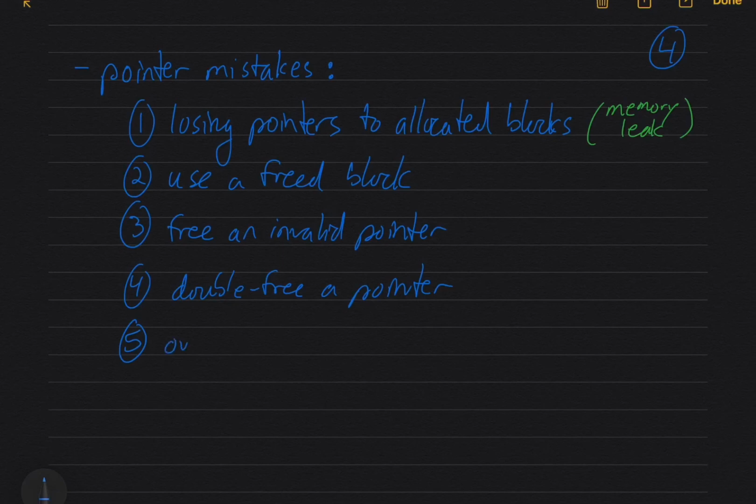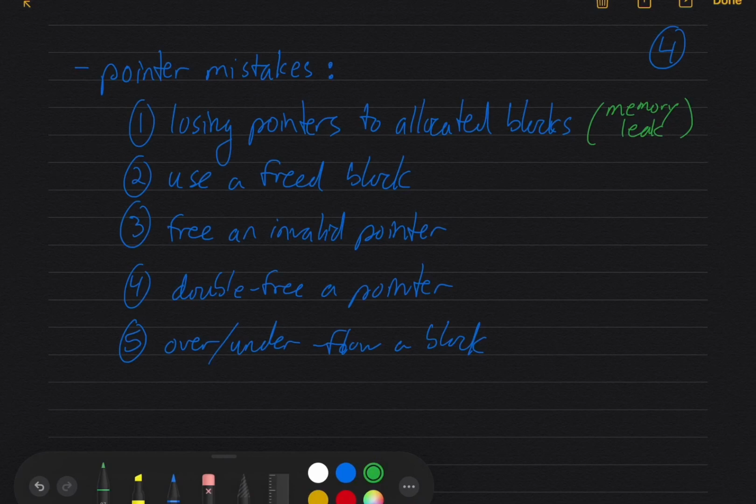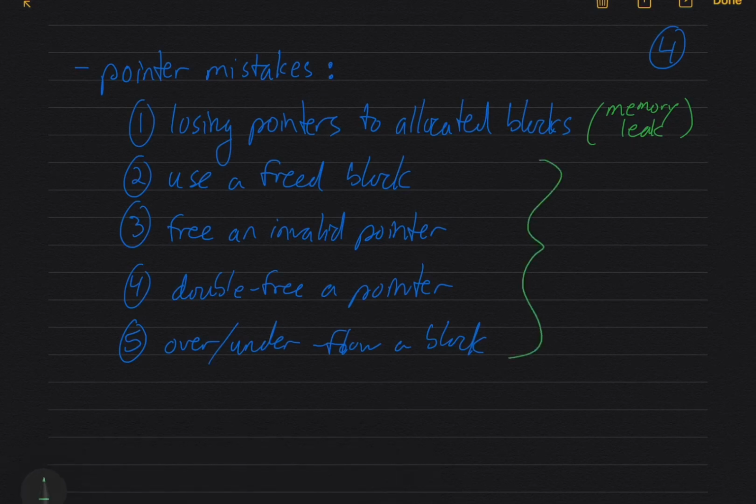So you can over or underflow a block. And these are all examples of corrupting the heap.